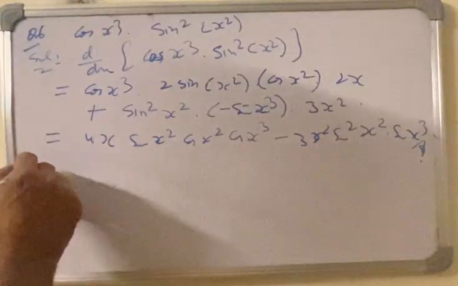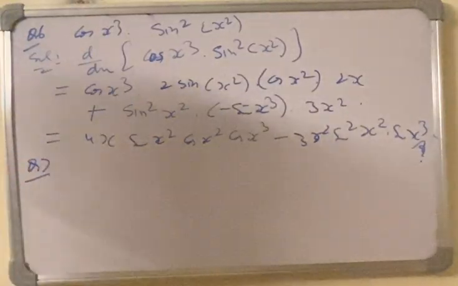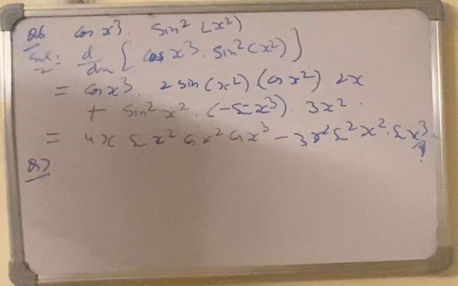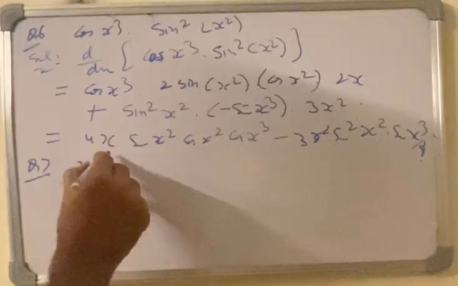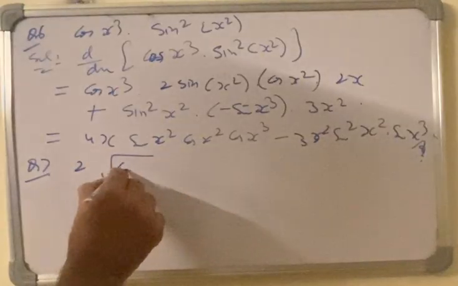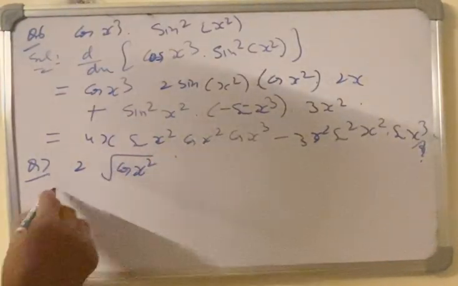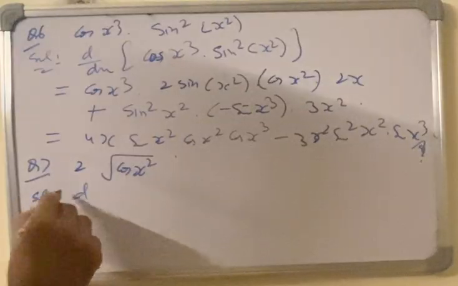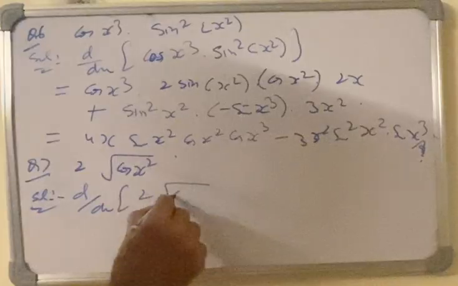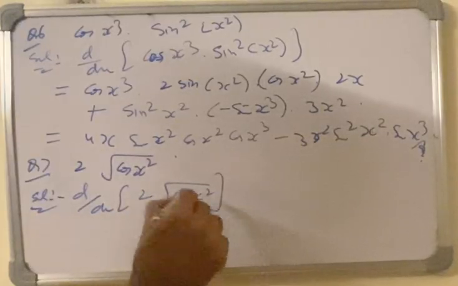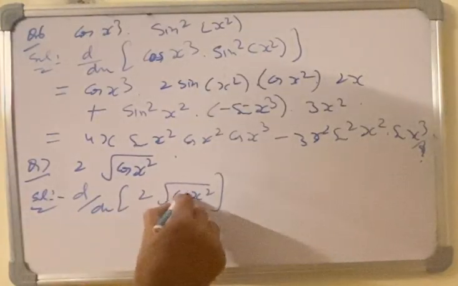And next, seventh question. 2 square root of cot x square. Solution: d by dx of 2 square root of cot x square. There are three functions.